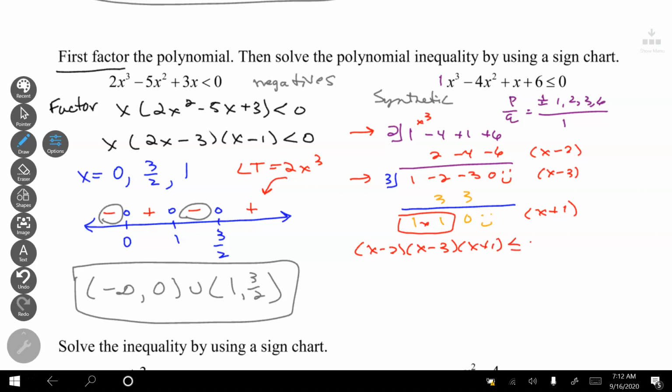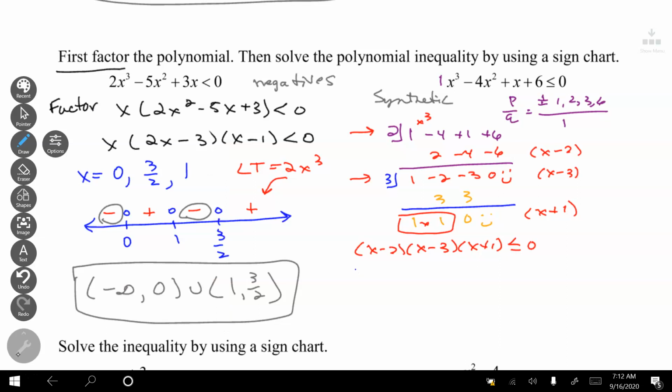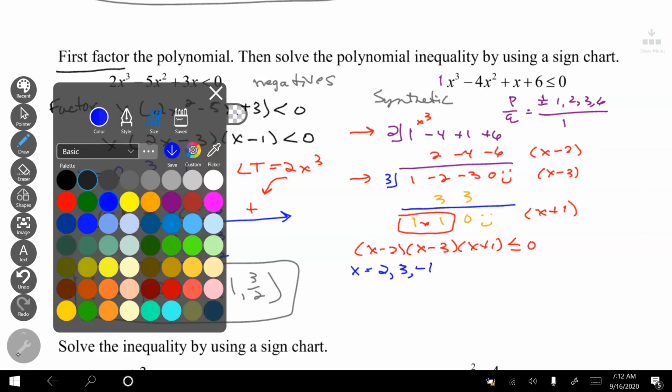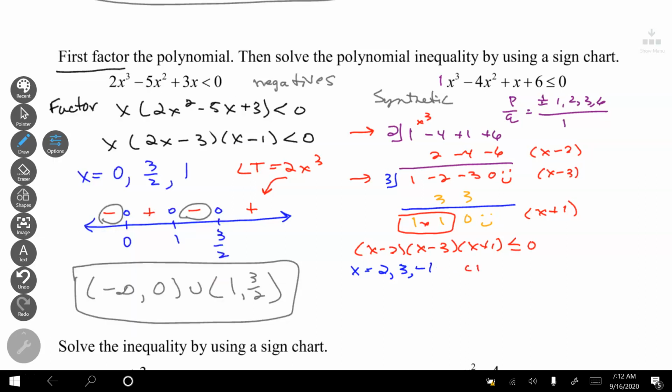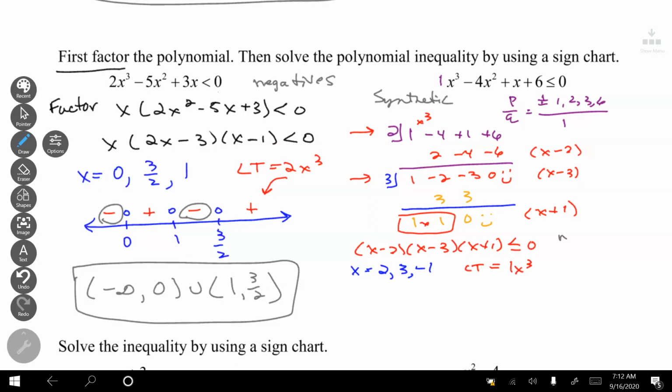I want less than or equal to 0. My x-intercepts are obviously 2, 3, and the last one was -1. My leading term was given at the beginning of the problem, 1x cubed. I want all the negatives or equal to 0.